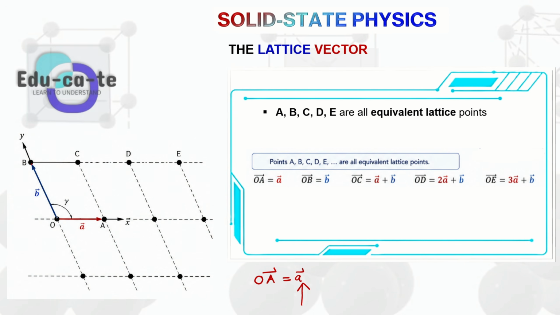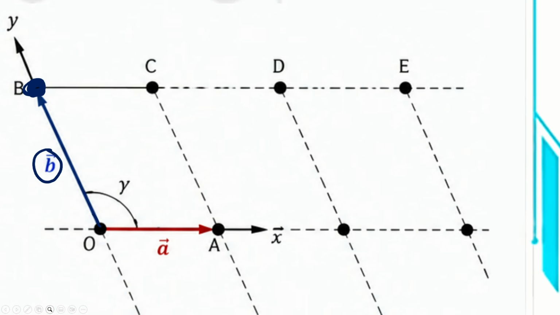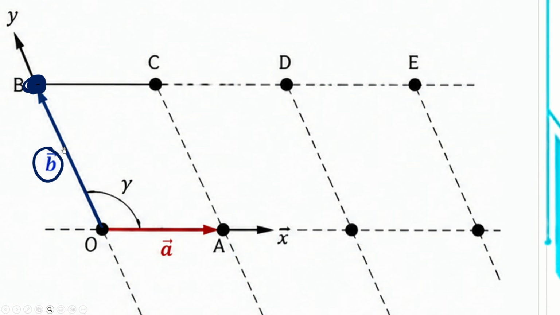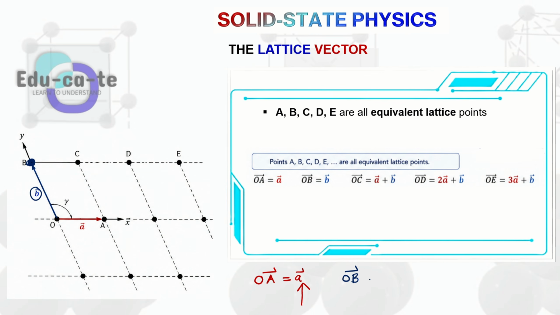I'm here at point O, I move this B vector, and now I'm at point B. So I can write here that my OB vector, moving from point O to point B, is this small letter B vector. Now what if I want to move OC?